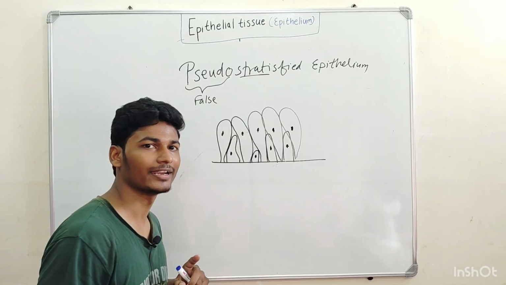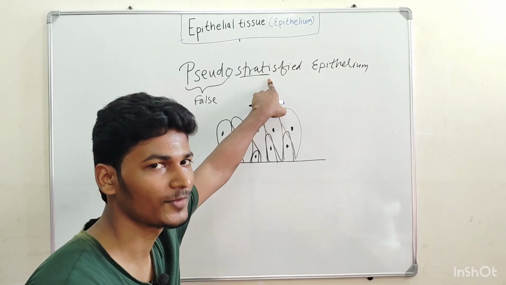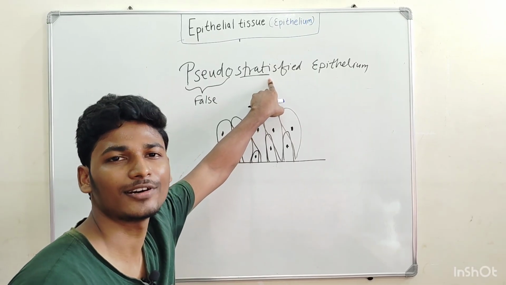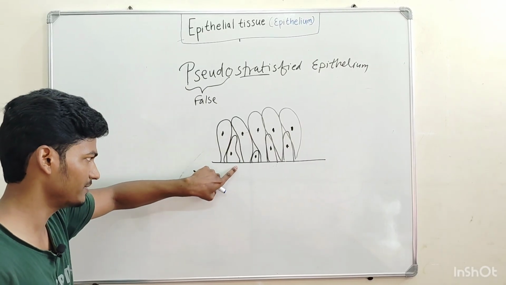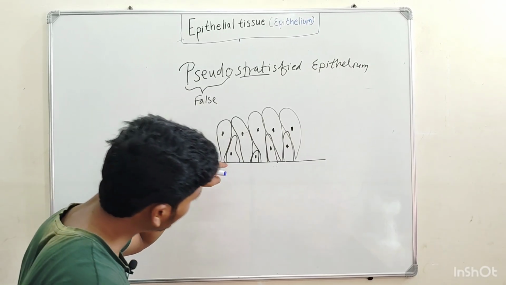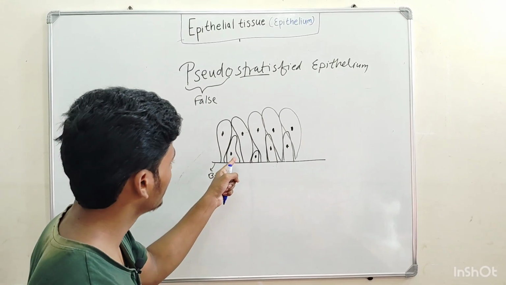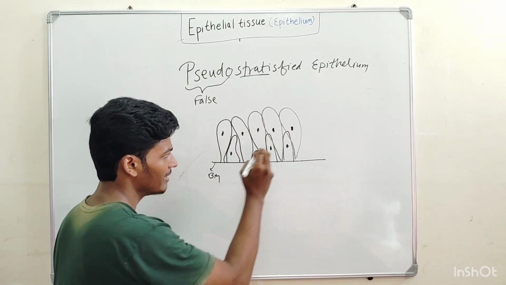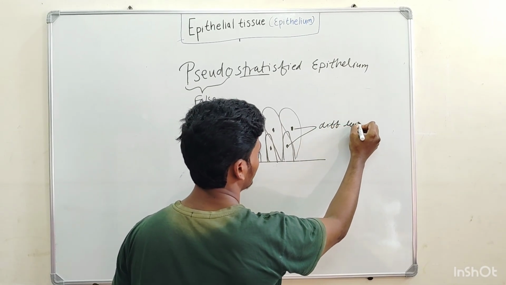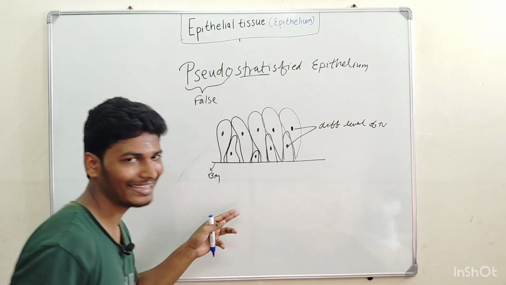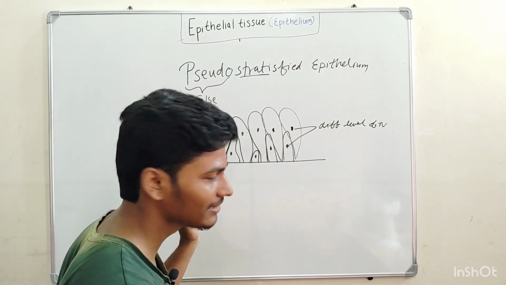But what is the feature of stratified epithelium? In stratified epithelium, not all cells lie on the basement membrane, but as in this picture you can see that all cells are lying on the basement membrane. So because of the different levels of nuclei, it looks multi-layered, but actually it is single layered.